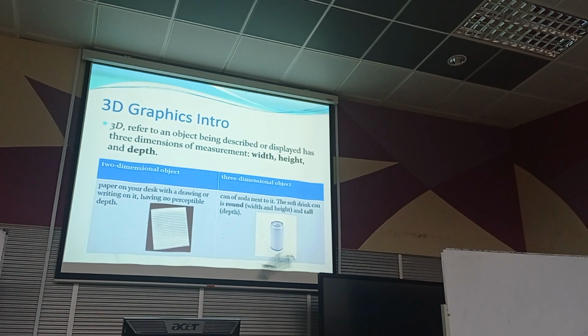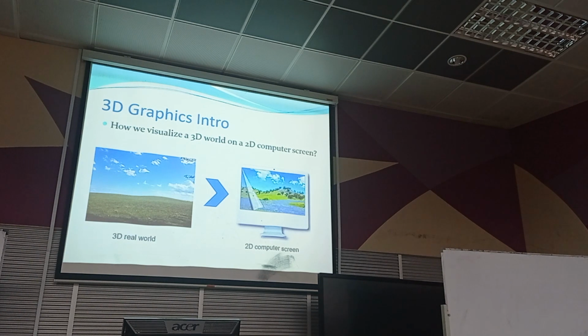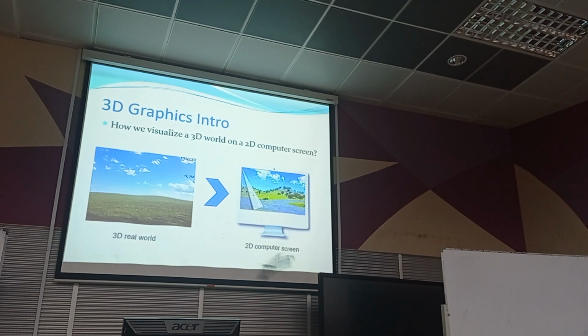The graphic pipelines determine how you can visualize a 3D world. You take pictures of yourself, and you see your picture is 2D, but you yourself are 3D. So when we do projections from the 3D real world to your 2D computer screens, it reduces 1 dimension.